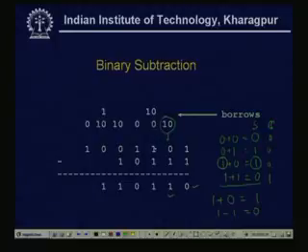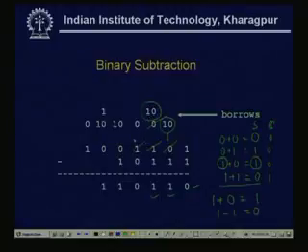Now, this becomes 0 because I have borrowed. So, now again I have to subtract 1 from 0. So, again it should be borrowed and this is 1 0. So, again it is 1 and it is again borrowed.